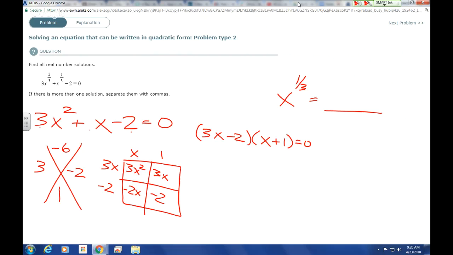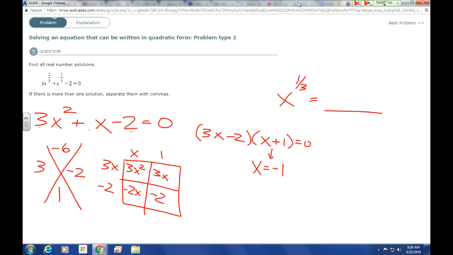So what are my two solutions I get from this? Brandon? What's one of them? x plus 1, so x equals negative 1 from here. This one's a little trickier. Some people can do it in their heads.